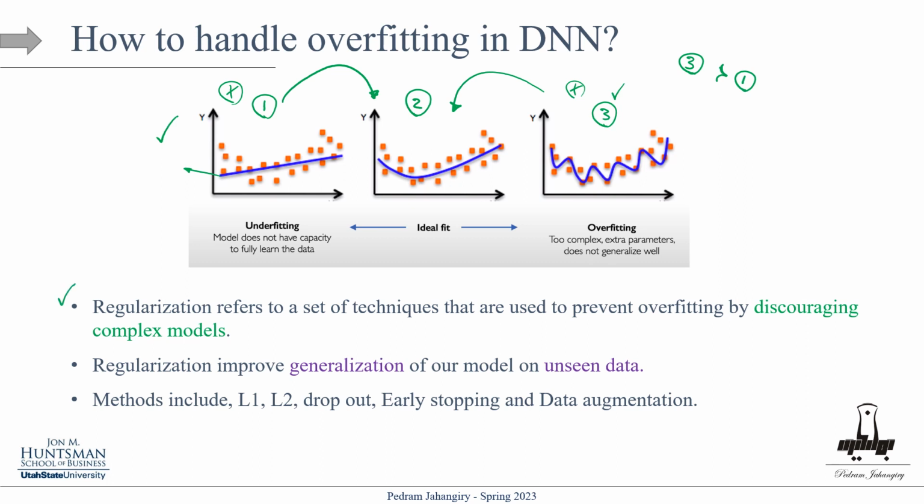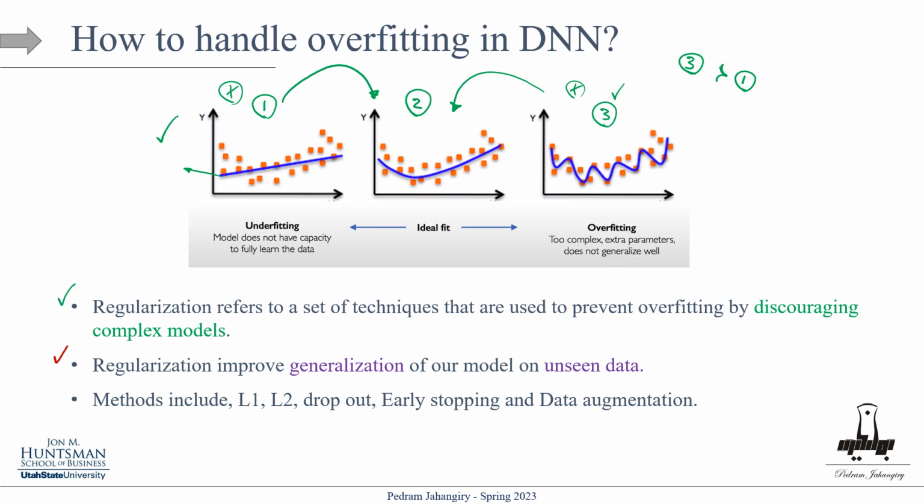So regularization refers to a set of techniques that are used to prevent overfitting by discouraging complex models, right? So again, in the first place, we want to have a complex model, and then we're going to use regularization to discourage that complexity. Then regularization improves generalization of the model on the unseen data. So we talked about this concept of generalization.